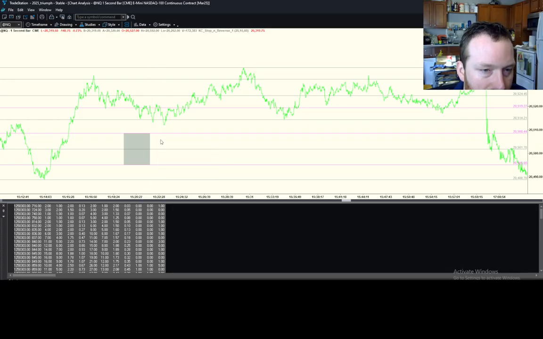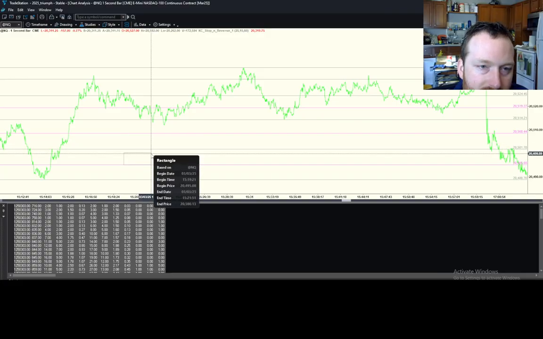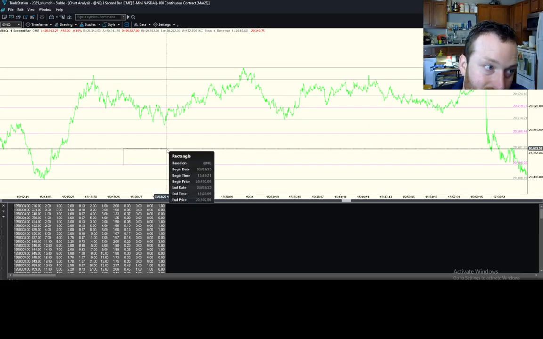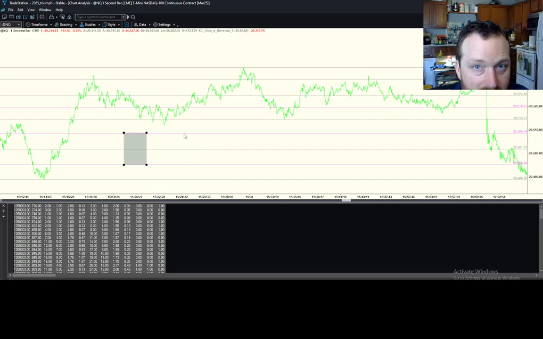Because 25 is twice as big as 12.5. But the answer is no, the 12.5s move twice as much as they should. That means it wiggles around on a 12.5 point basis way more in comparison to 25 points.